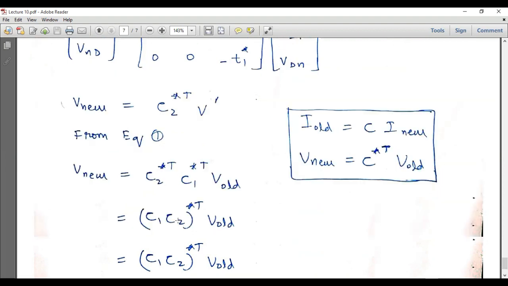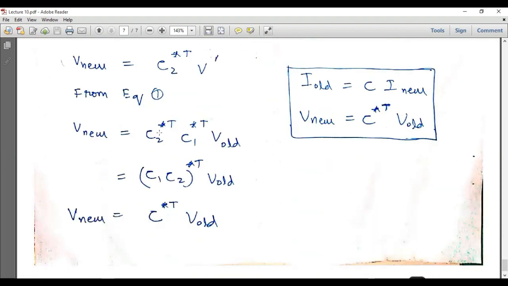These two matrix multiplication terms can be combined together, and that will be equal to C1 C2 whole conjugate transpose, because C1 C2 whole transpose is equal to C2 transpose multiplied by C1 transpose. So we can write these two matrices collectively as C1 C2 whole transpose conjugate into V old, and this C1 C2 is equal to C matrix, so V new is equal to C conjugate transpose into V old.